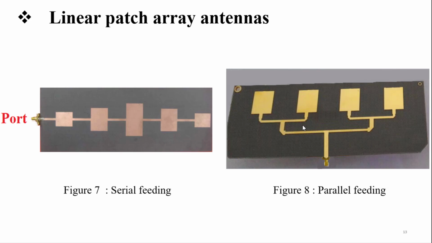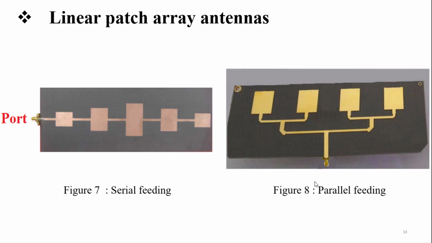In figure 8 we have four elements, and the distance between the input of each element and the input power of excitation is the same for the four antennas. So the distance between the first element and the port of excitation equals the distance for the second, the third and the fourth.